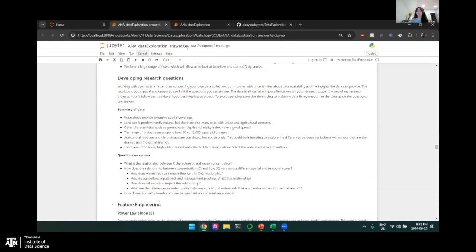Agricultural inputs, how do those influence it? The influence of urbanization on this relationship. How do the water quality trends and concentration relationship trends differ between urban and rural watersheds, whether that's natural or agricultural? Is there anything else that maybe someone thought of that might be interesting to explore?